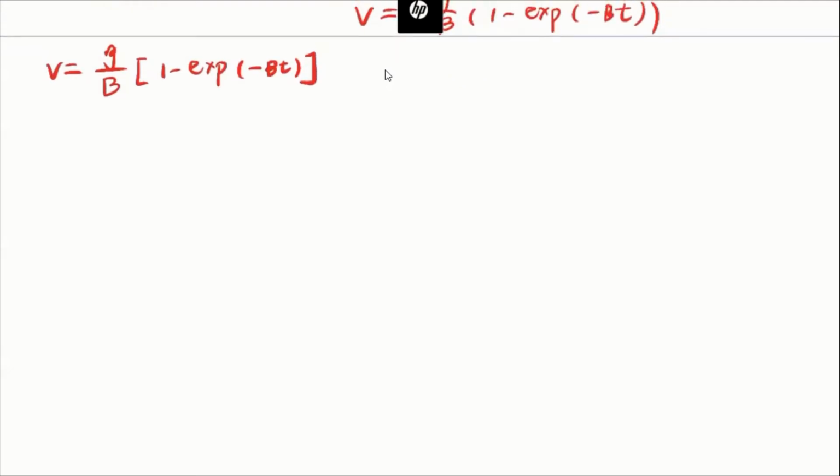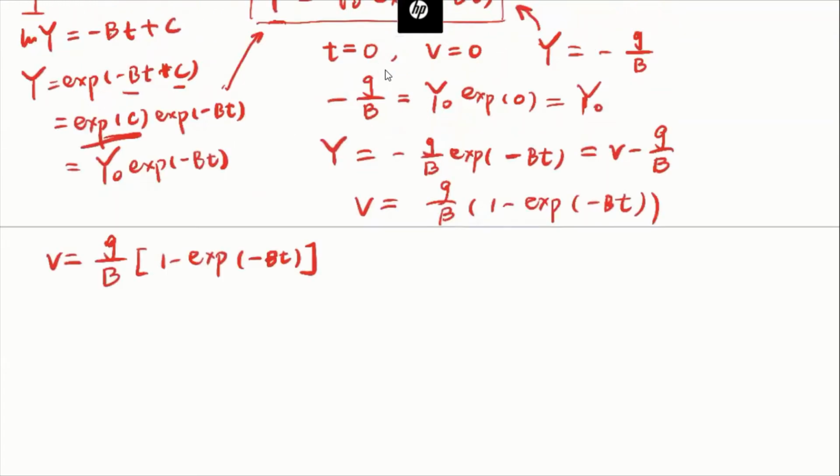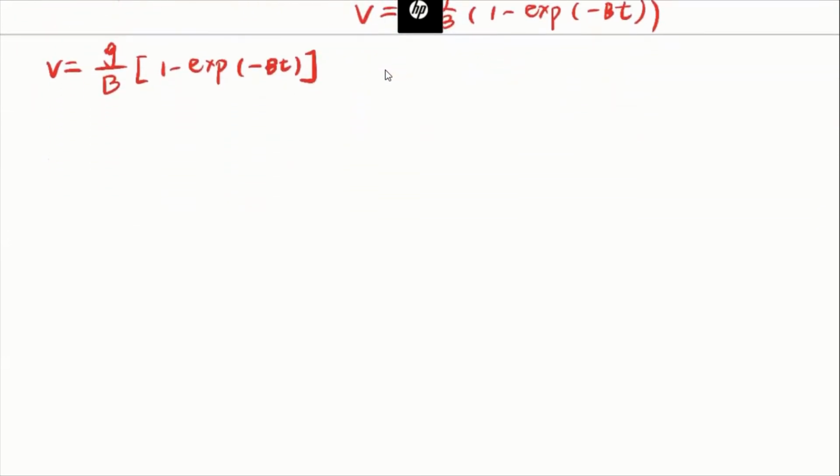Right now we solved this entire equation, and one thing we might be interested in is what's going to be the velocity when t is equal to infinity. So when t is infinitely long, what's going to be the velocity there? We can easily plug that in. If t is equal to infinity, this exponential term is going to be equal to 0, right? So then we're just going to have g over b.